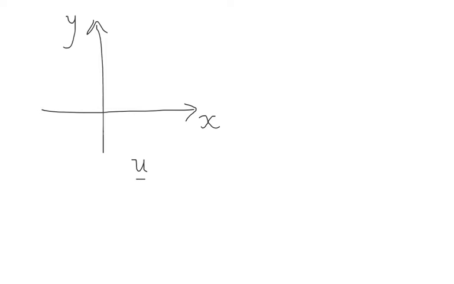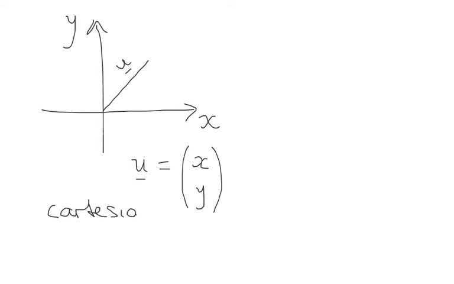Vector u, a column vector, along x and up y, can be shown. So this is its component form, or Cartesian form, also known as rectangular form. These are the x and y components.